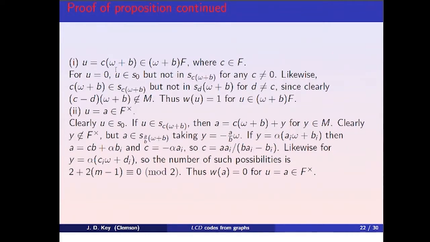I'm trying to determine that this word's support is simply that. So taking the stuff in the beginning, if you take U as 0, you're in S0, but not in the word SC plus omega plus B for any C not 0.